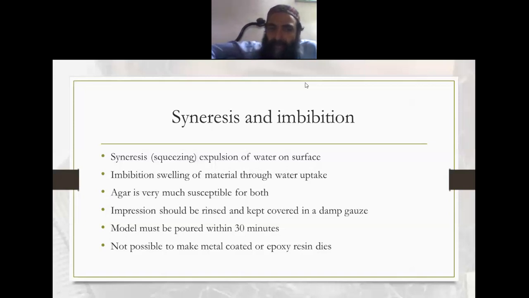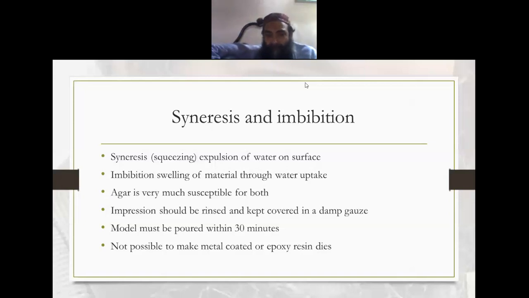It is syneresis. Water comes out through your body. So if that same process is present in agar or in any other material, we say it is syneresis when water comes on the surface of the material.